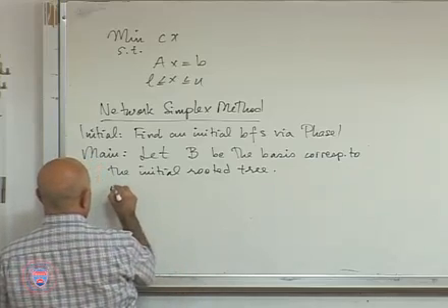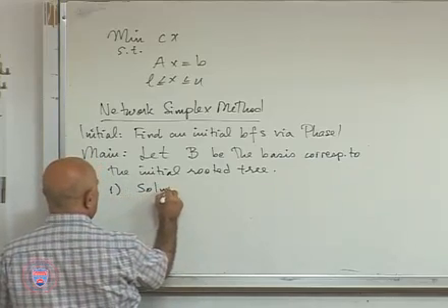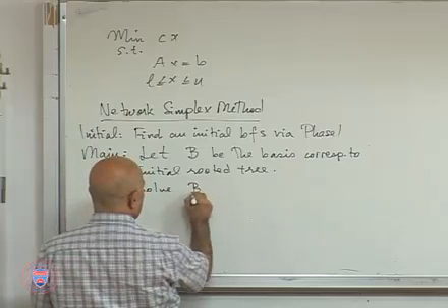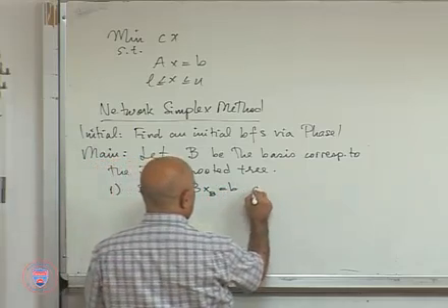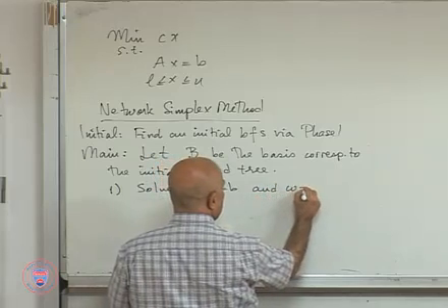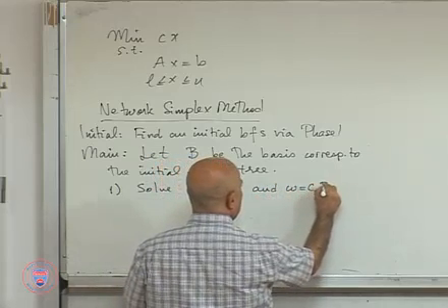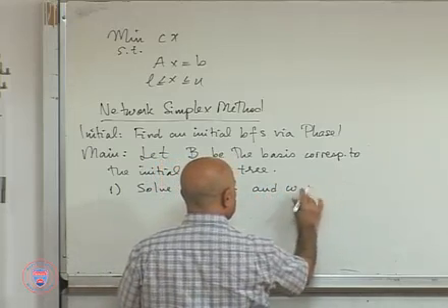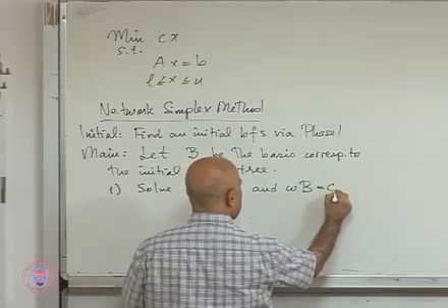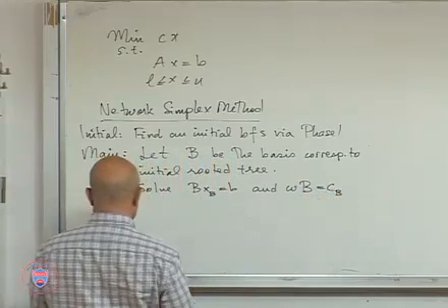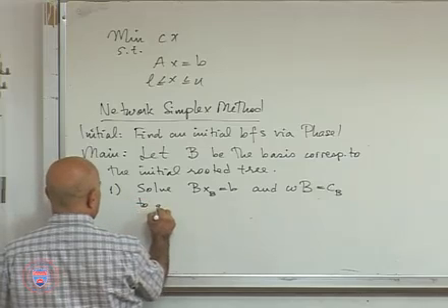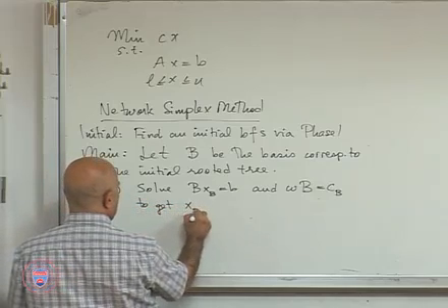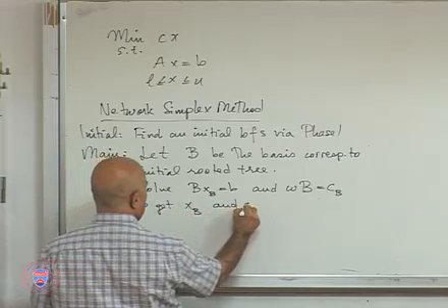What we do here is we solve B x_B = b and w B = c_B to get x_B and w.